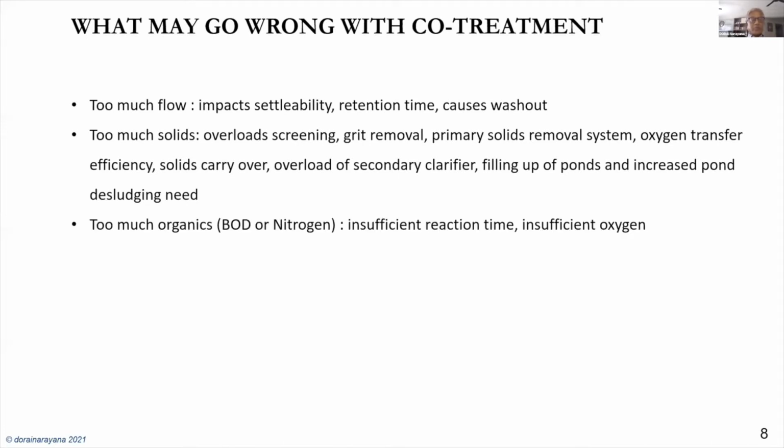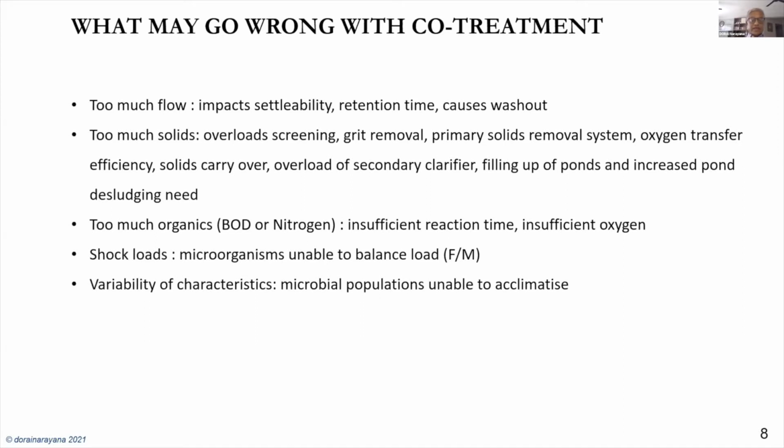Too much organics, BOD or nitrogen, because of the co-treatment, will result in insufficient reaction time for the microorganisms to do their work, or insufficient oxygen to actually treat the total nitrogen and BOD that is now coming into the system. Shock loads: because of uneven application of the loads, the microorganisms will be unable to balance between the incoming waste and the total population of microorganisms.